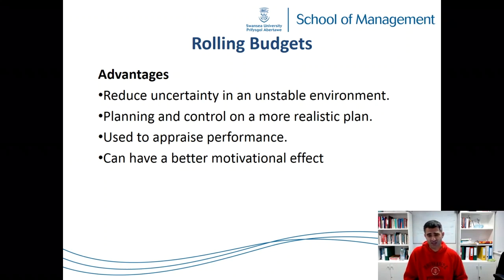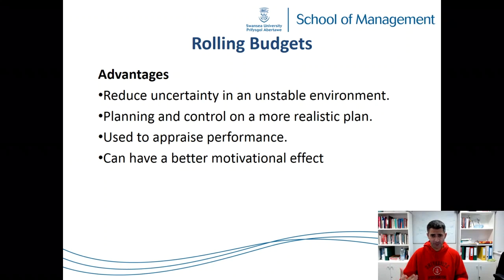If you look at Brexit time, how unstable the economy was, and the COVID-19 virus, all these events caused an unstable environment, unstable economy. A rolling budget is one of the methods that can really work better for the business.